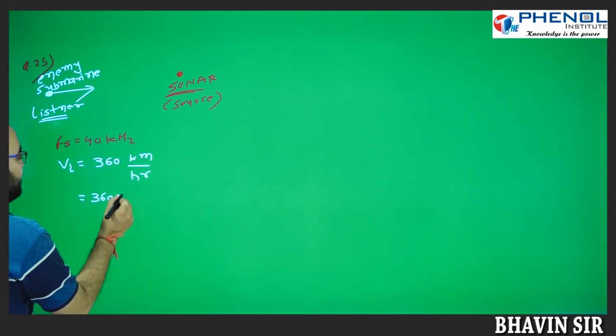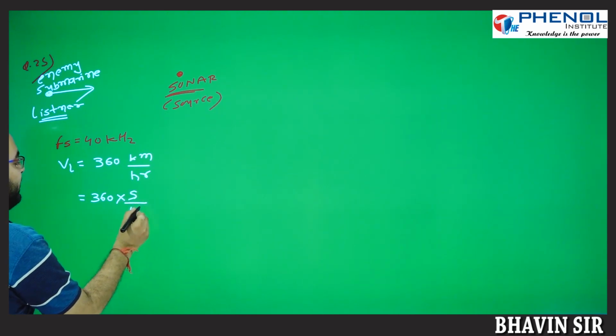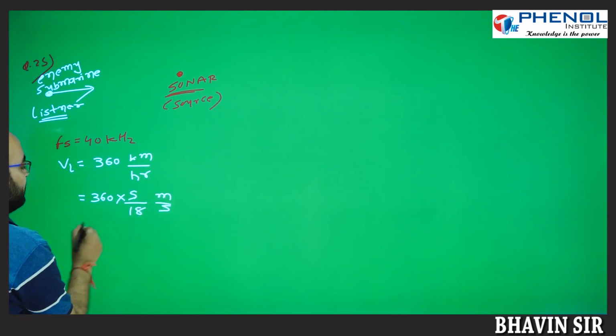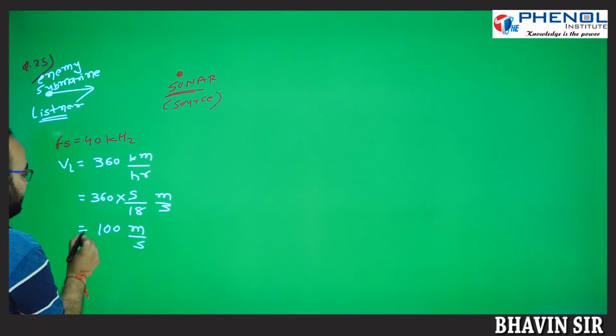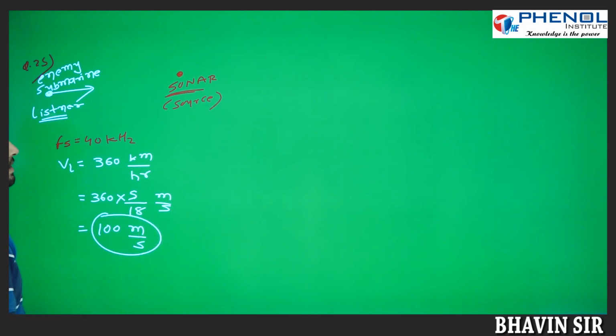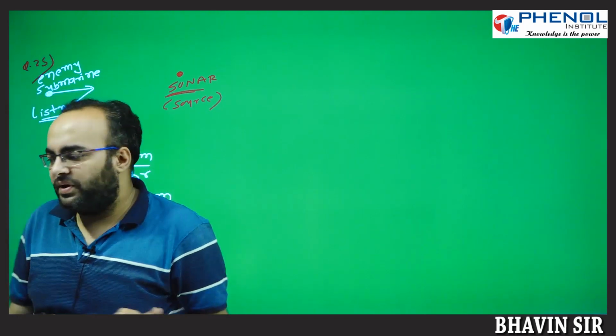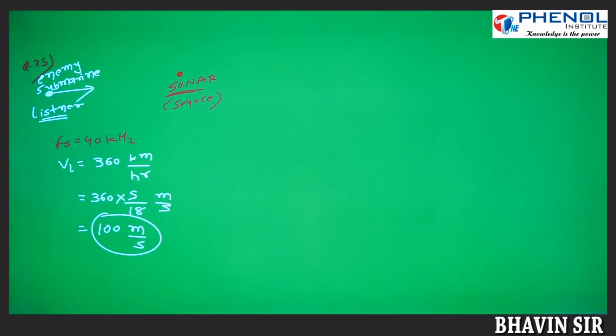So 360 into 5 by 18. So what is the speed of listener? 100 meter per second. Okay, what is the speed of listener? 100 meter per second.